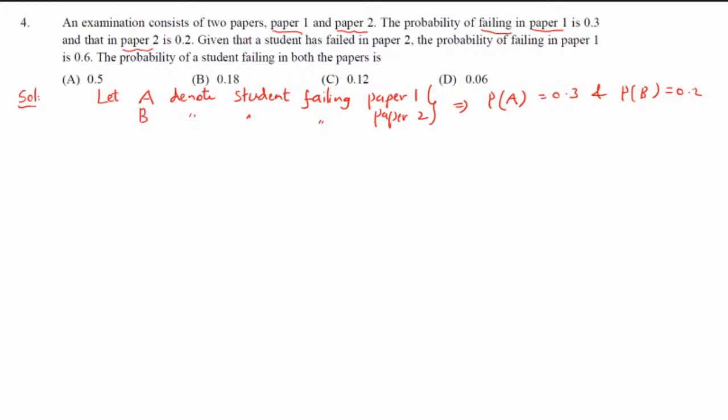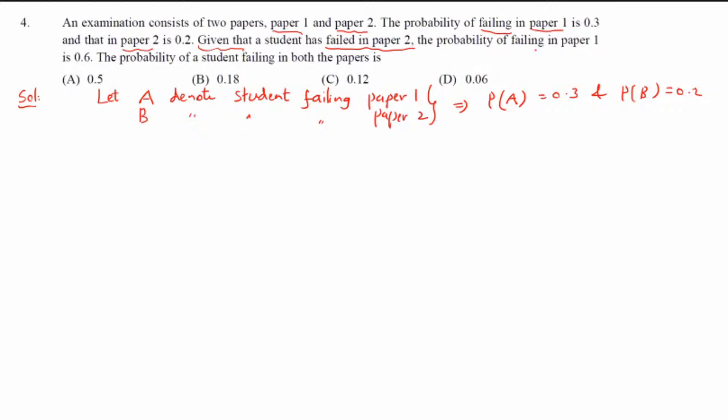Now this is very important. In probability problems generally, understanding the question is easy, but identifying which topic it compares to is a very tough task. Given that, it is related to conditional probability. Student has failed in paper 2. That means he first failed in paper 2.